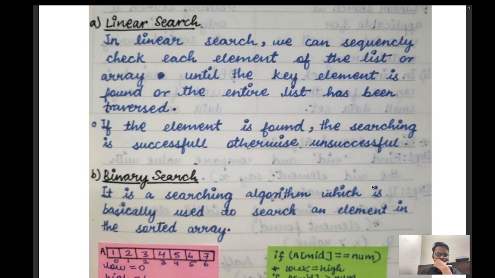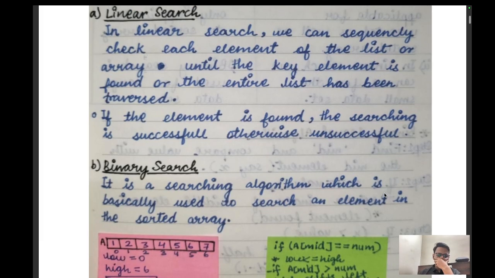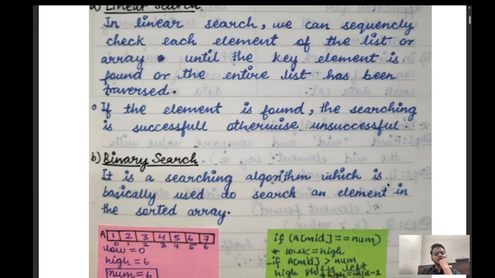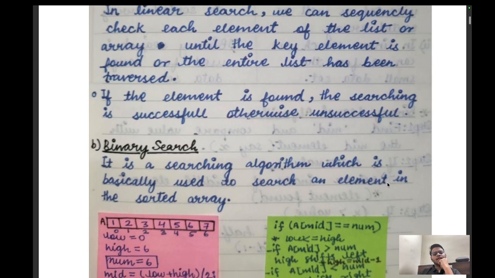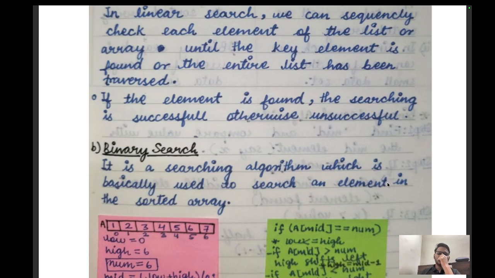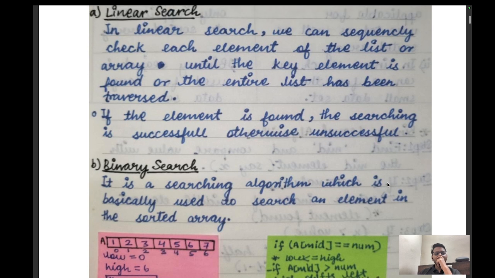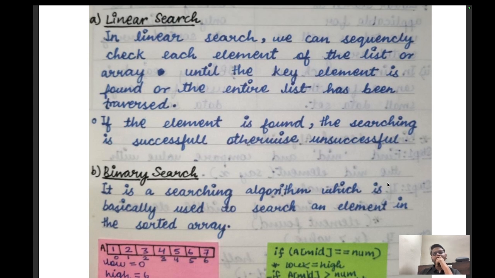Right. So in linear search, if the element is found, the searching is successfully done. Otherwise, it is not. So it is very easy. For example, you have been given an array of 5 elements, and you are finding an element like 10 or 20 in it.